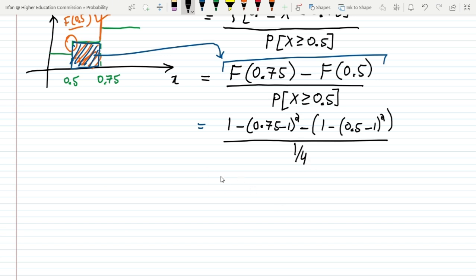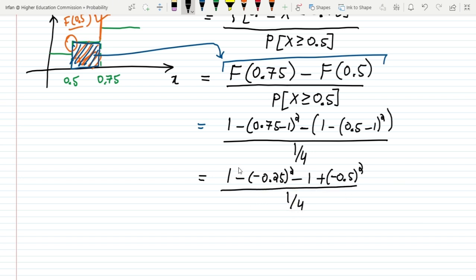Okay, so now let me solve them together. 1 minus (0.75 minus 1), which is minus 0.25 whole square, and also here minus 1 and plus (0.5 minus 1), which is minus 0.5 whole square, dividing it over 1 by 4.